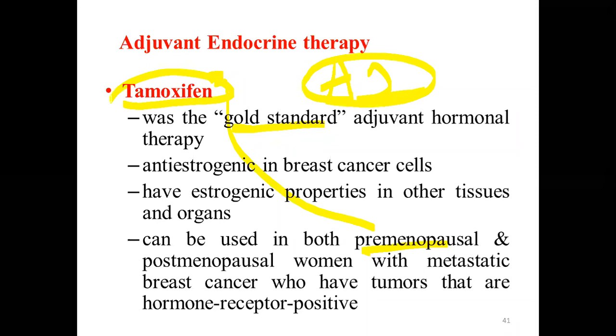But the problem is when you give tamoxifen in the postmenopausal woman, it has a lot of side effects, including risk of DVT. The day before yesterday, one doctor told me she encountered DVT due to the use of tamoxifen. So because of that, in the premenopausal woman, the first line is tamoxifen. In the postmenopausal woman, the first line is usually aromatase enzyme inhibitor.